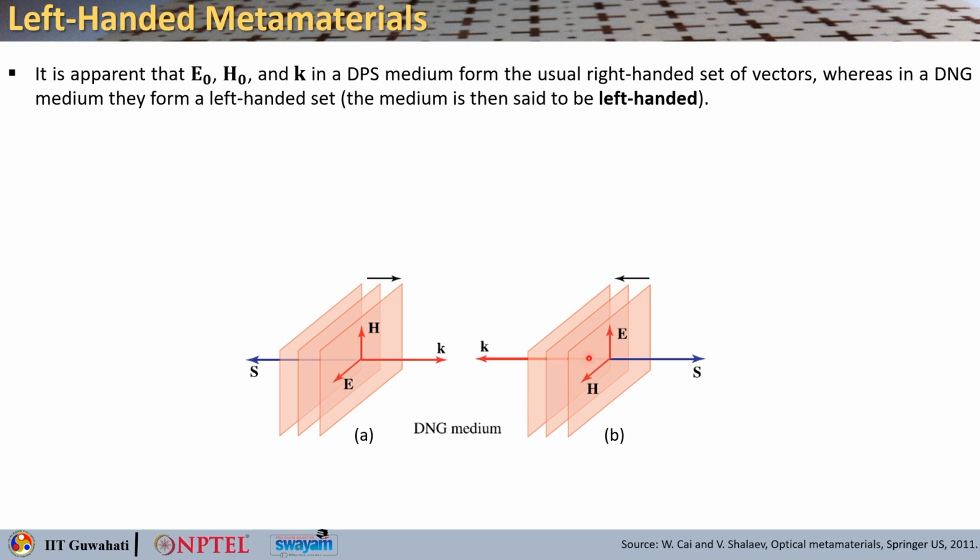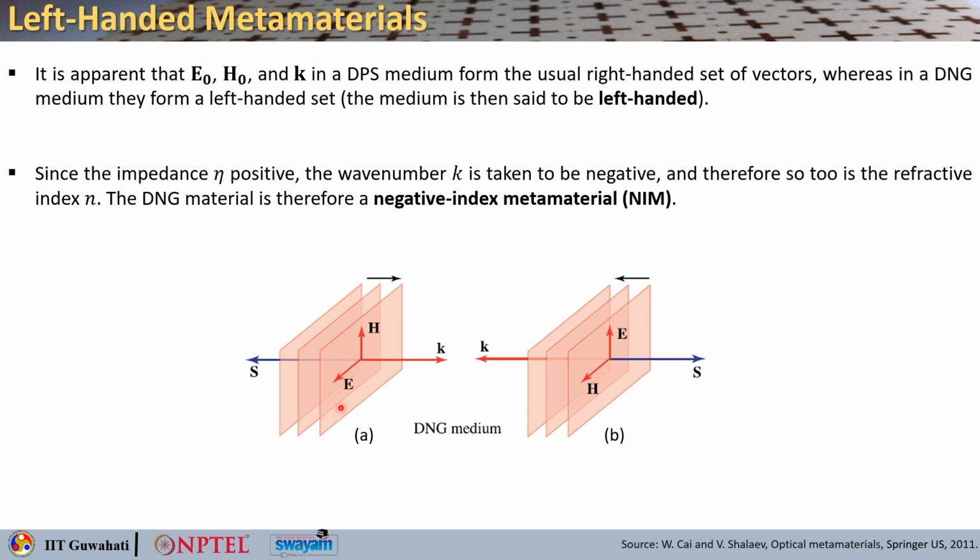Your k vector will be along this direction, but your energy flow will be in the earlier direction. You can follow this or try to interpret this figure. Here, the E field is now exchanged with H, that is what the equations gave us. So, E and H get swapped.